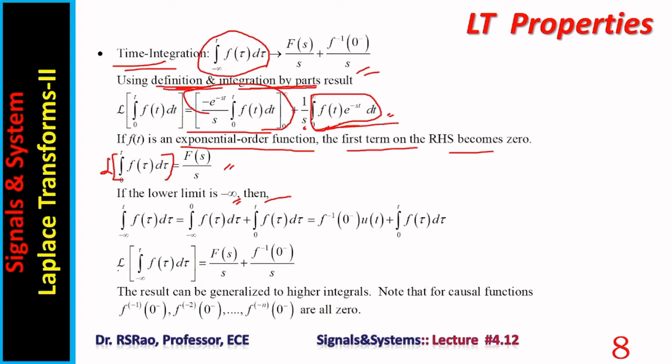Now it can be written as Laplace transform of integral minus infinity to t f of tau d tau becomes equal to F of s by s plus f of minus 1 of 0 minus by s. The result can be generalized to higher integrals. Note that for causal functions, f minus 1, f minus 2, up to f minus n all become zeros.